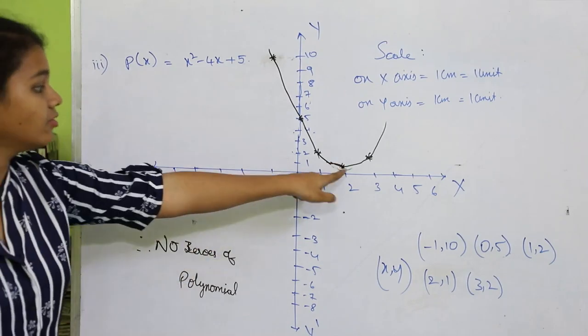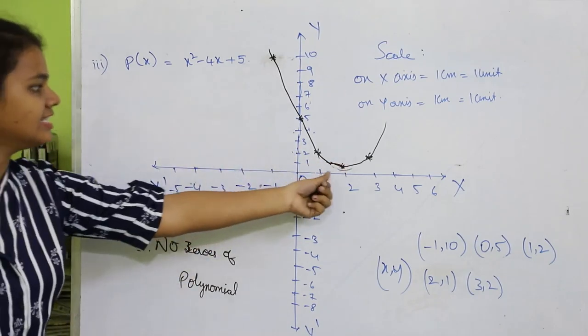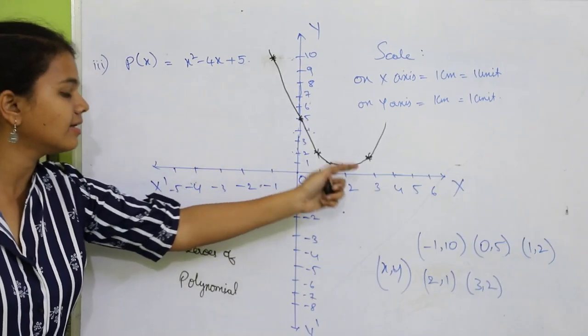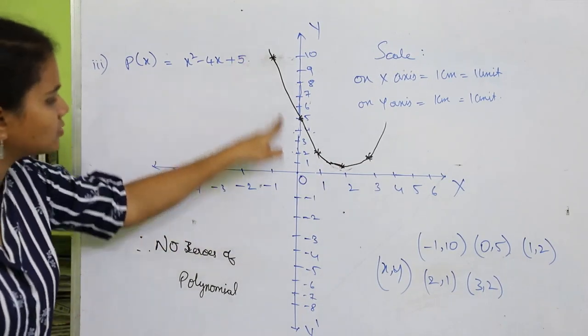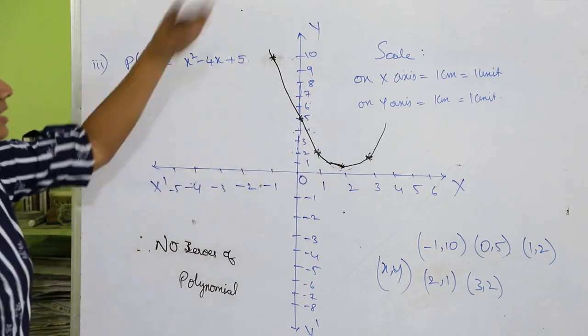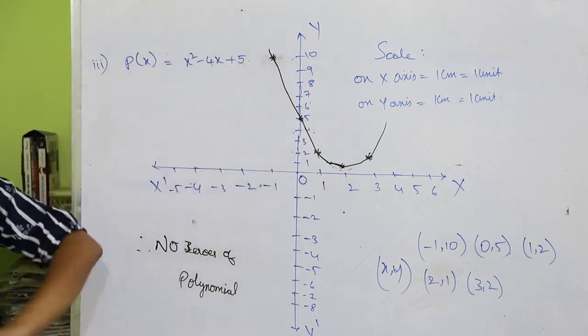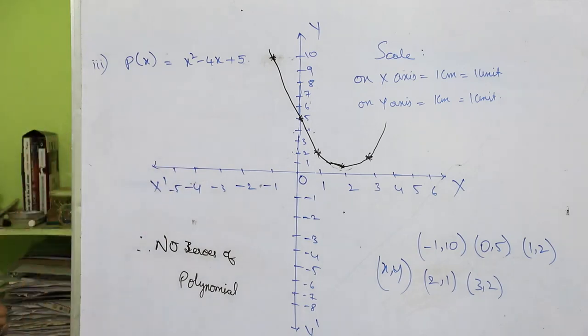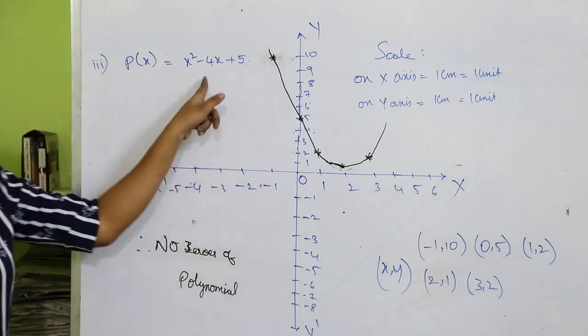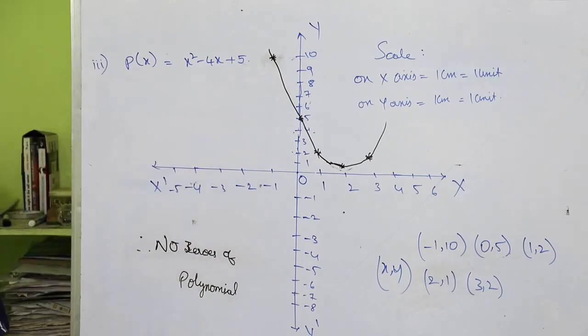Because there isn't any point that has touched the x-axis. All the points are lying above it. So therefore there are no zeros of the polynomial for this given polynomial. Clear? Thank you.